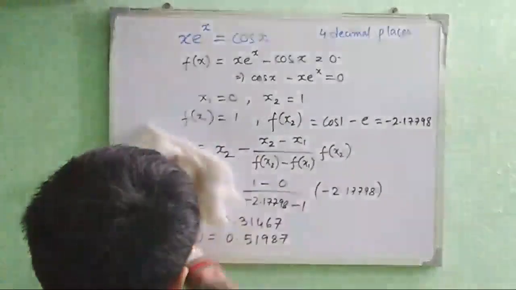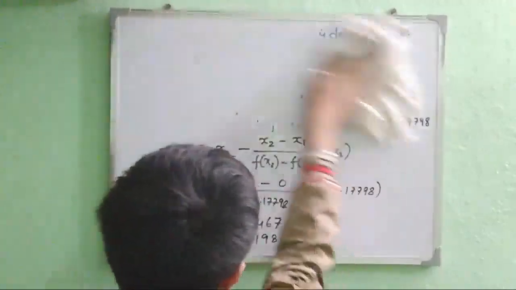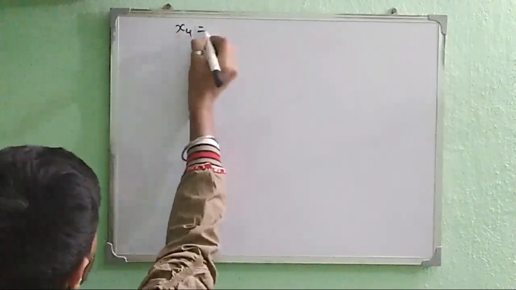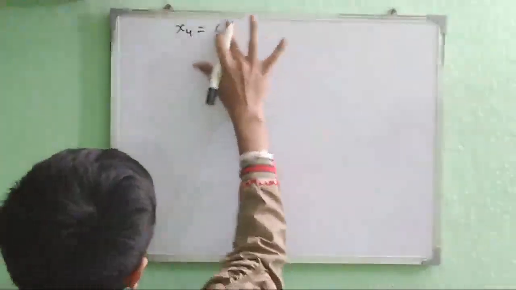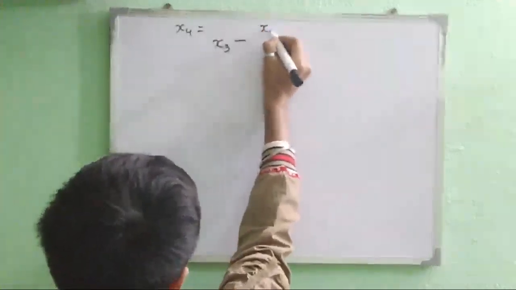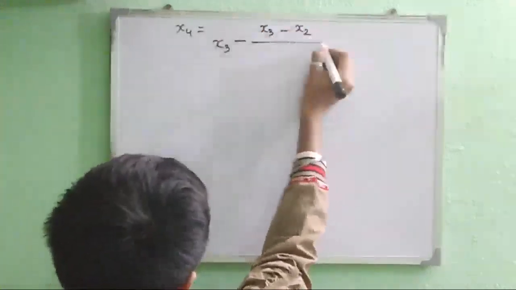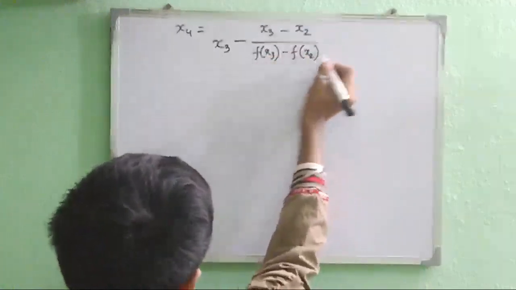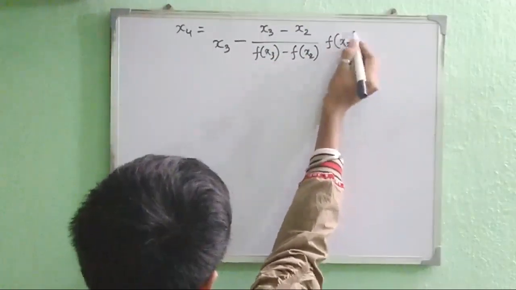So x4 will be x3 minus (x3 minus x2) divided by (f of x3 minus f of x2), into f of x3.